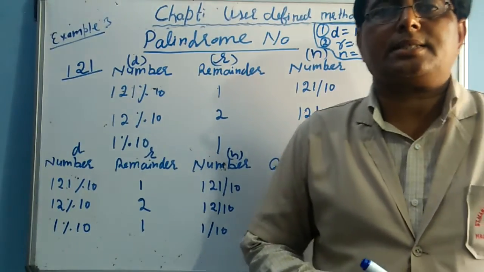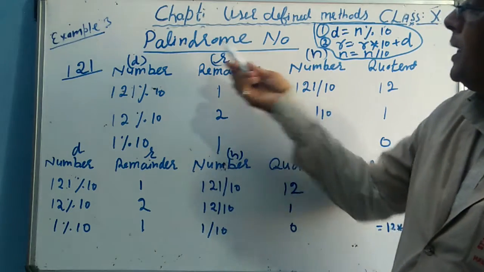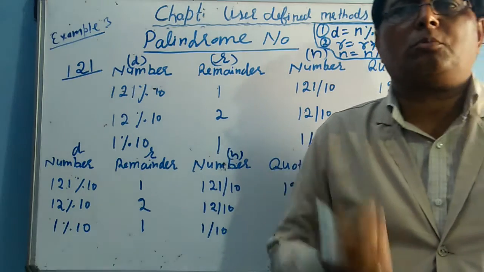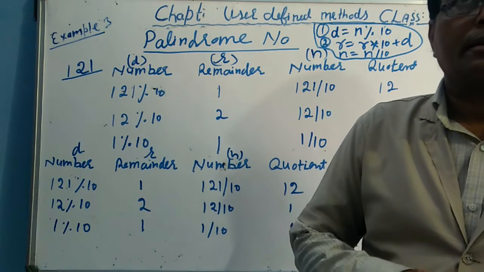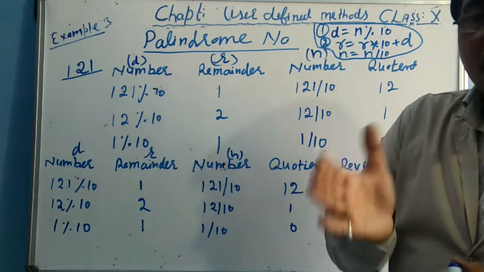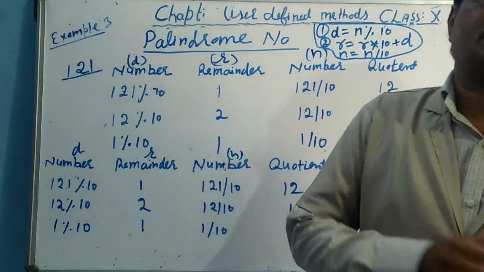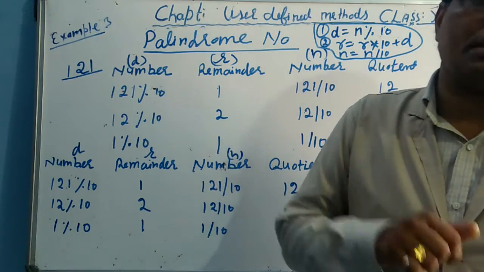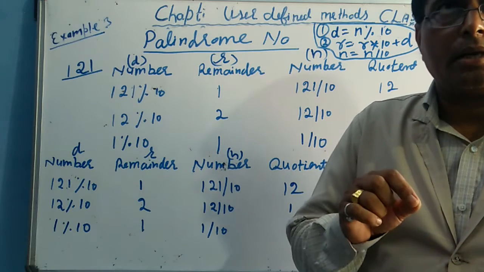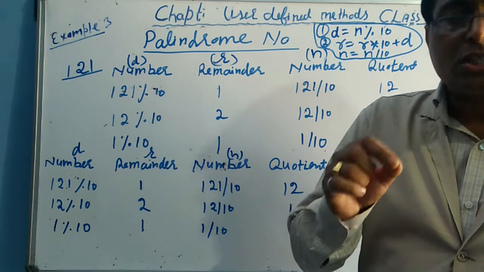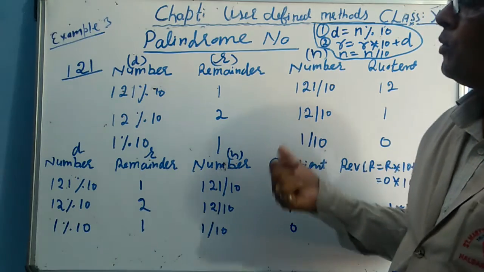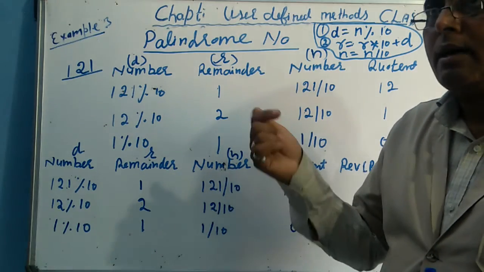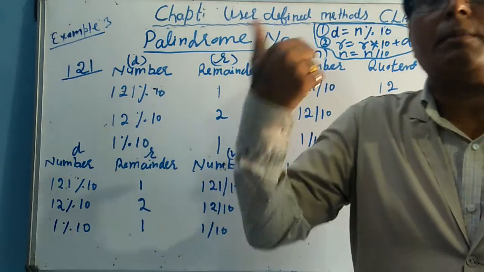Today we will discuss the palindrome number. What is a palindrome number? A number which comes the same after the reverse. The number you use inside the program, and its reverse value will be the same.